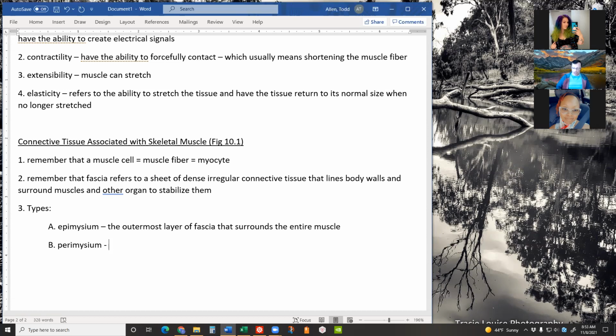Perimysium is the layer of fascia that surrounds groups of muscle cells. Okay, groups of muscle cells are given a special name. Groups of muscle cells are known as fascicles.